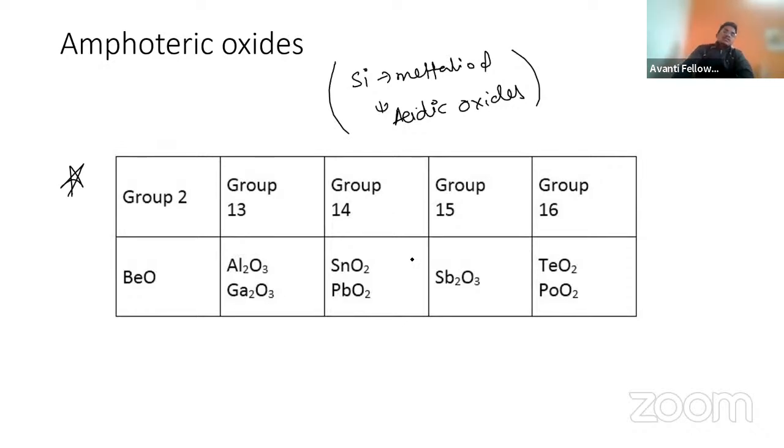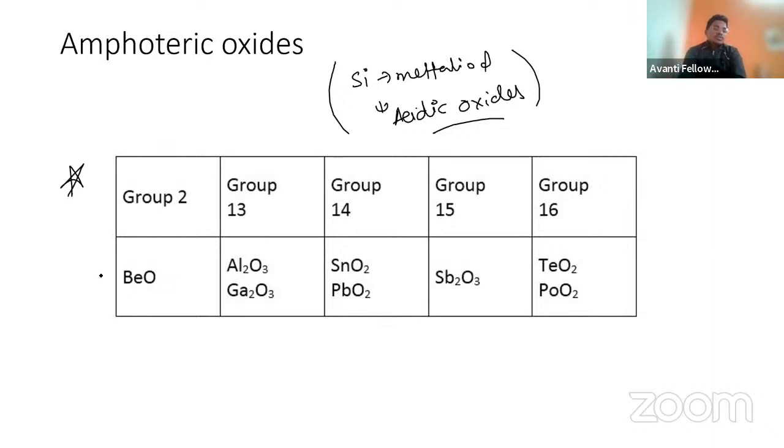No, wrong. What are metalloids? Which can act as both metal and non-metal. So similarly we can think that they may act as both acidic oxide and basic oxide. So that's why we can call them amphoteric oxides. Silicon is a metalloid, but it exists only in the form of acidic oxide, not basic oxide. So that is why it is not amphoteric.